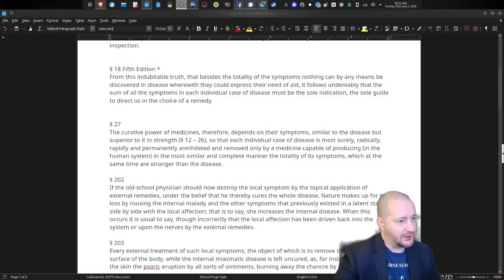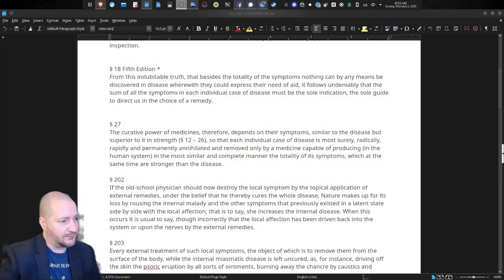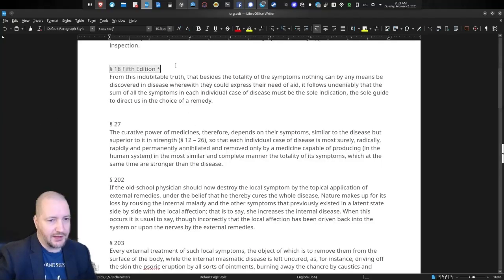So what is proper homeopathy? I talked about the 3 or 4 principles last time, and today we're just going to continue with that. We're going to look at aphorism 18.